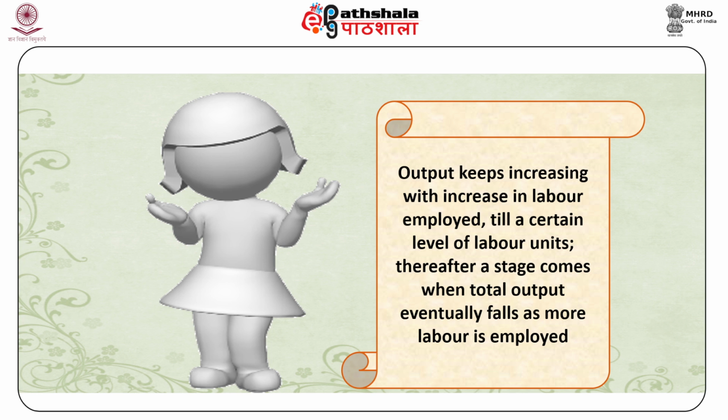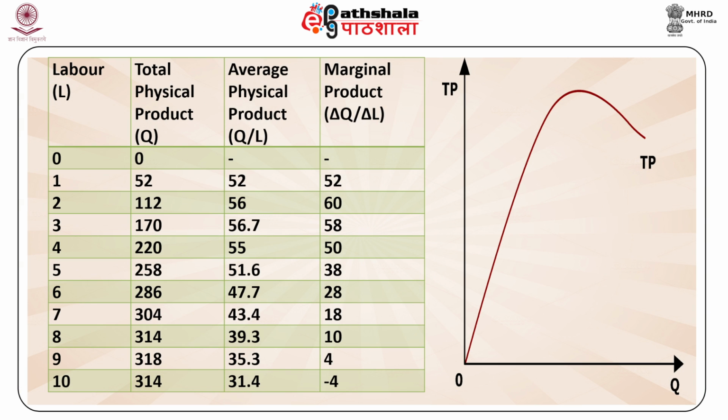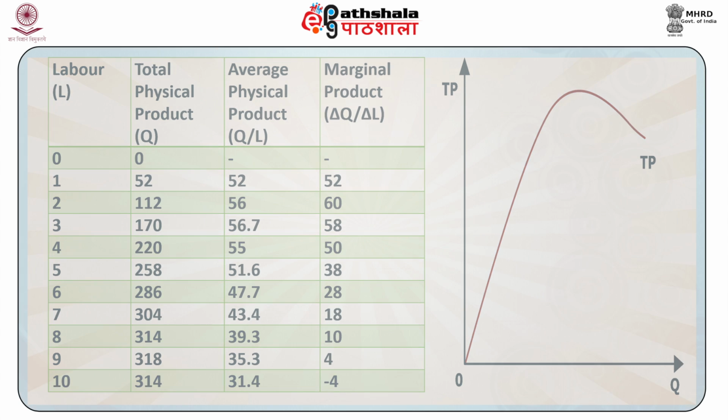Thereafter, a stage comes when total output eventually falls as more labor is employed. This is shown in table 2 and the total product curve is graphically shown in figure 1. Table 2 shows the total physical product in the short run and figure 1 shows total physical product.